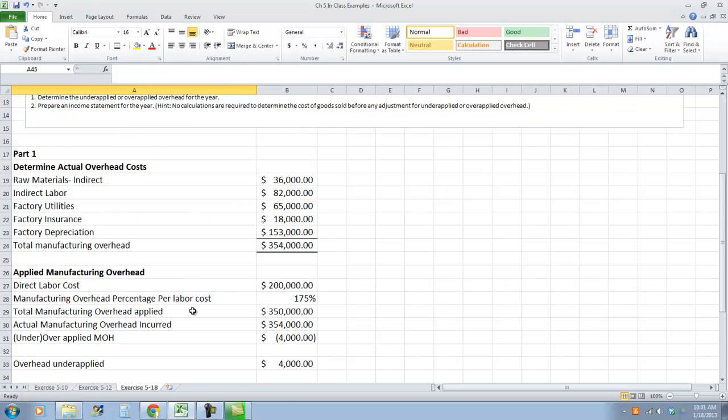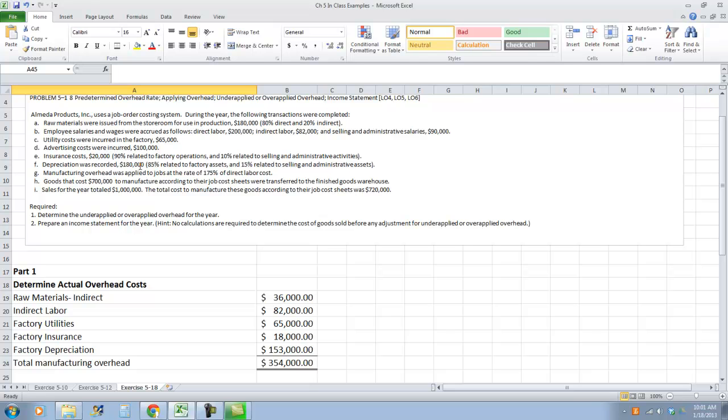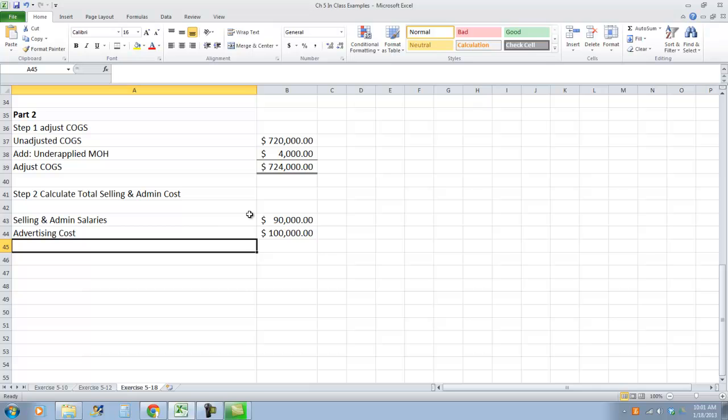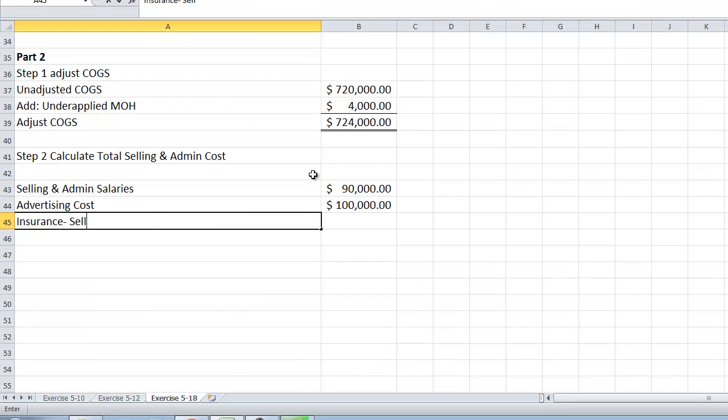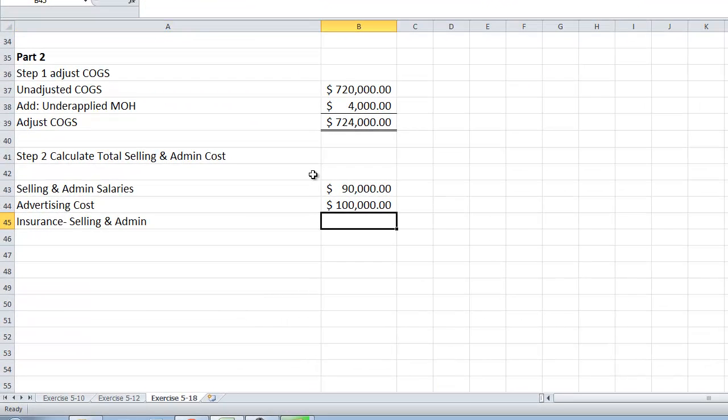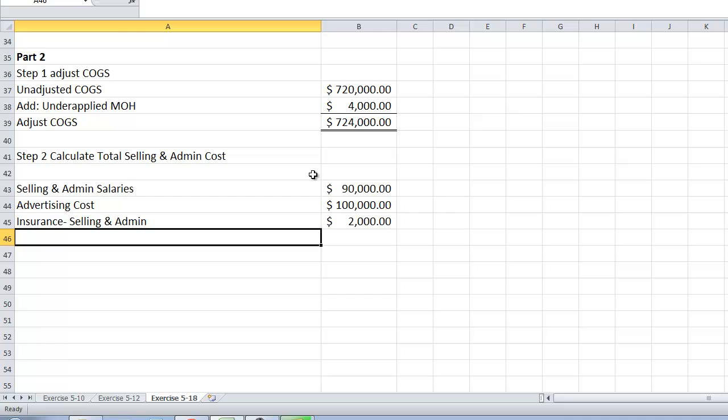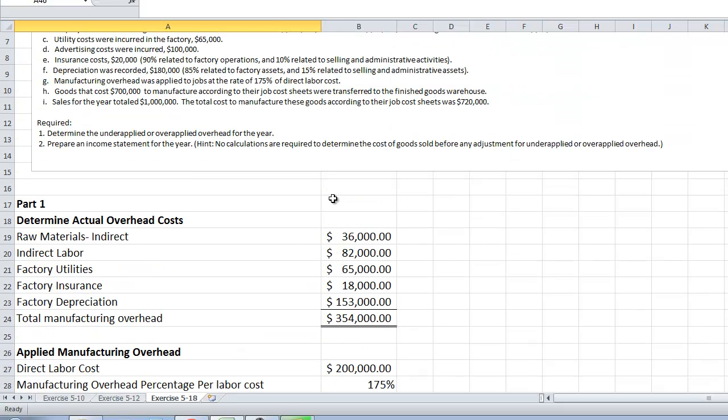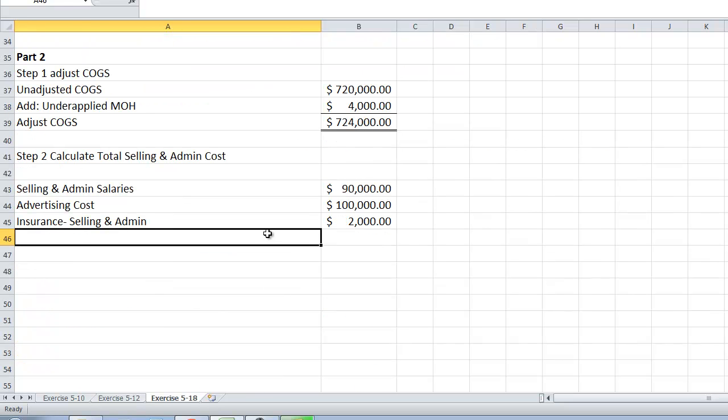All right. Let's see what else we have. Insurance costs. 20,000, 10% related to selling and admin. Insurance, selling, equals 20,000 times 10%, $2,000. All right, let's see what else we have. Depreciation. It was 180,000 and 15% was related to selling and admin.